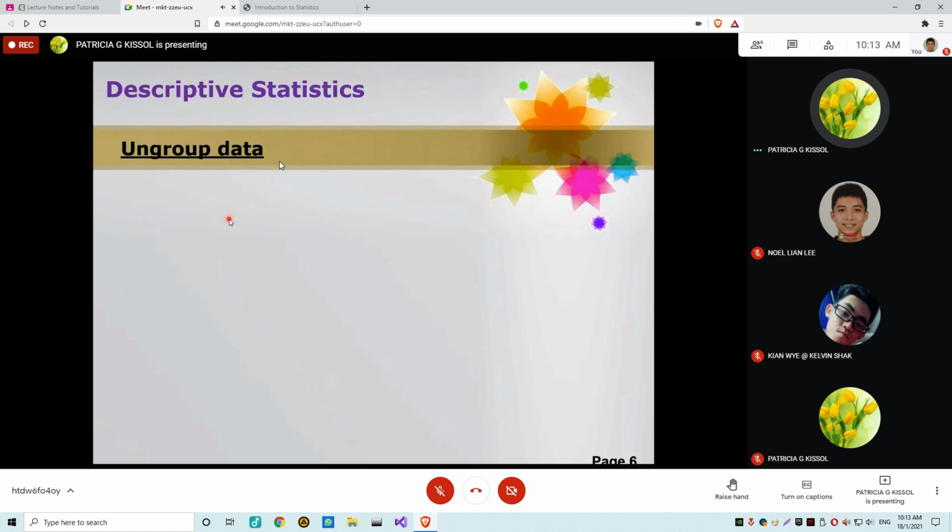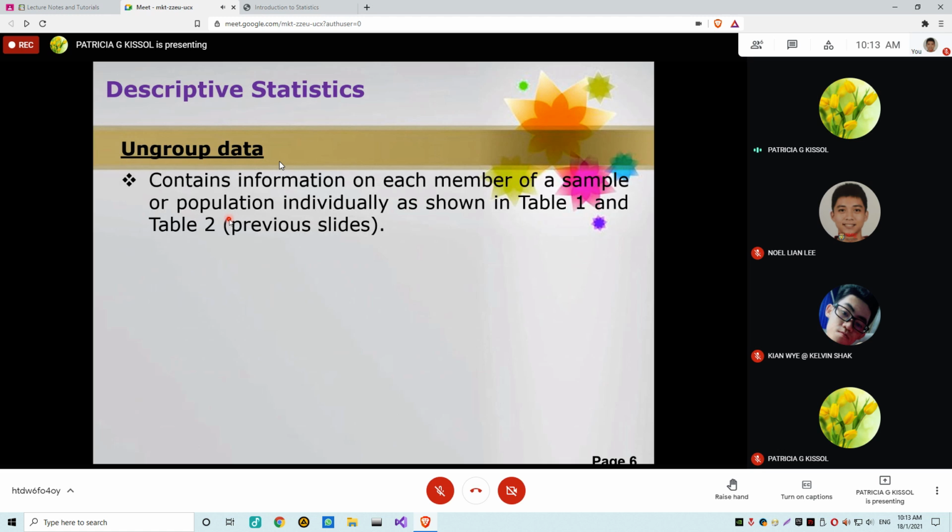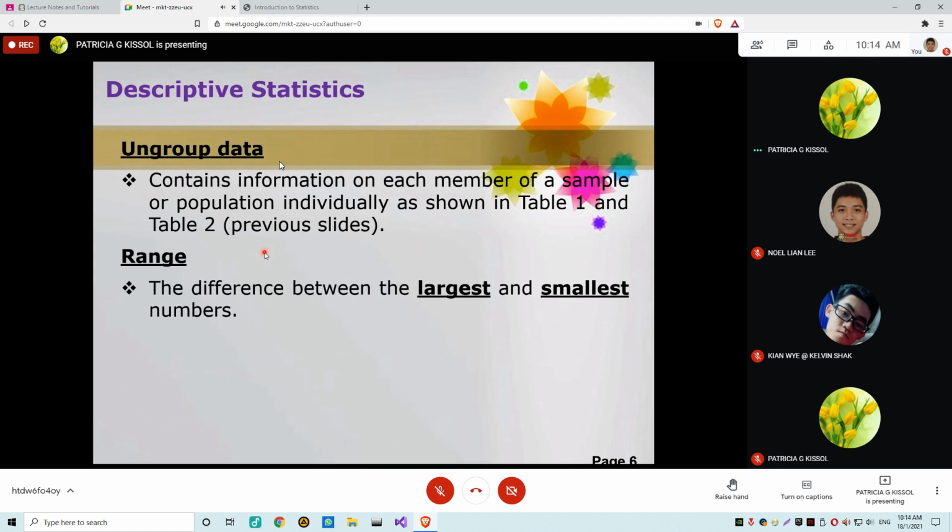So when we go to descriptive statistics for ungrouped data, basically it contains information of each member of the sample. Say we have 20 data in table 1 and table 2 in the previous slides that I've shown to you. From that particular data, we can get information which we call the range. And the range is finding the largest and the smallest value.